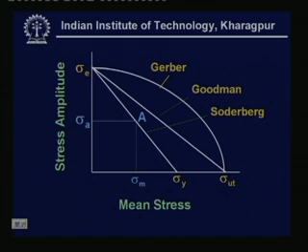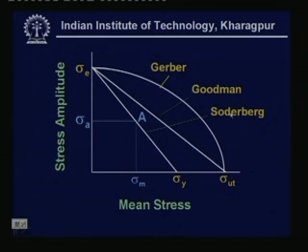Here you can see three sets of curves, one representing the Soderberg line, another the Goodman line, and another the Gerber line, and this A is a point whose stress amplitude is represented as sigma a and mean stress is represented as sigma m.